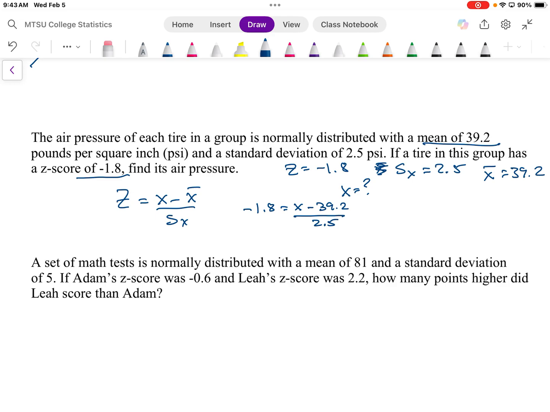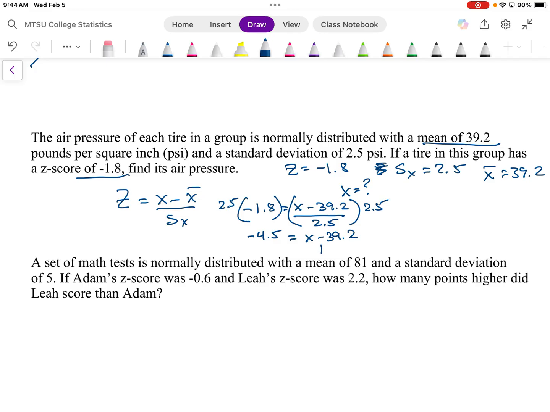Again, the highest level of mathematics to do a stats course technically is Algebra 2. That's all you need. In some cases, it's Algebra 1. First thing is we multiply both sides by 2.5. So 2.5 times a negative 1.8 gives me a negative 4.5 equals x minus 39.2.